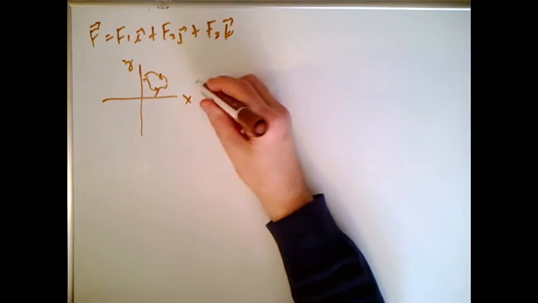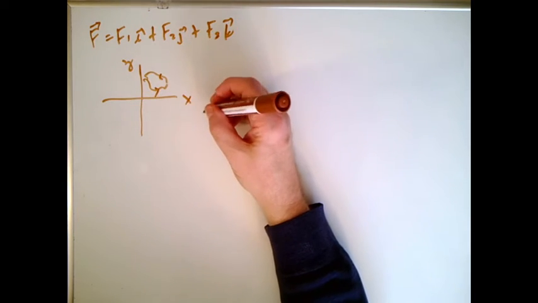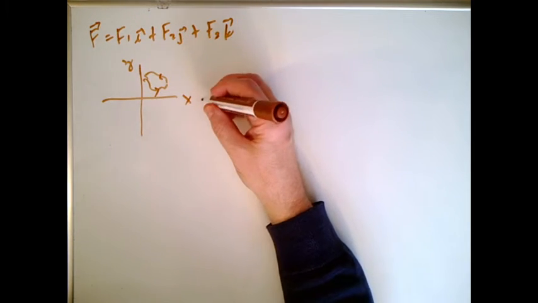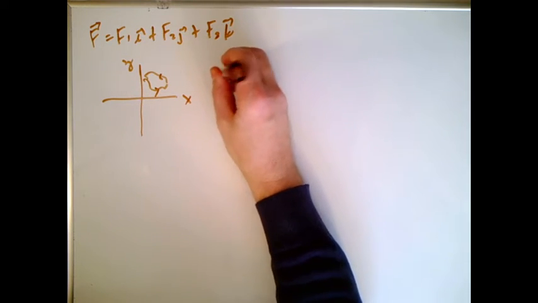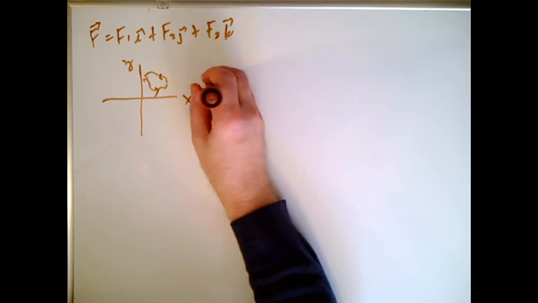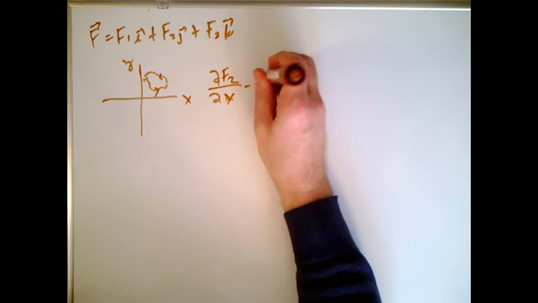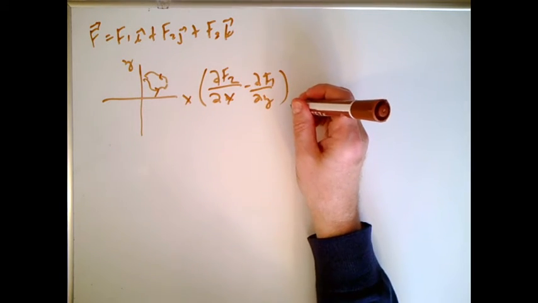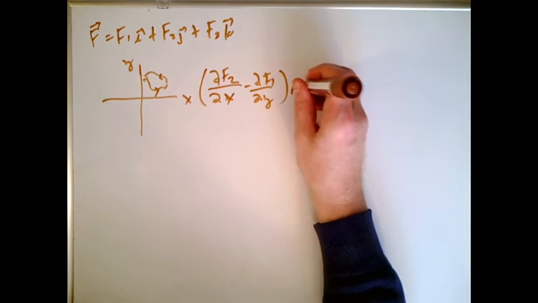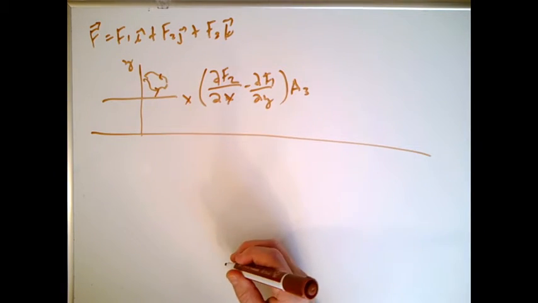All the work done is actually perpendicular to k, so as long as I stay in the xy plane, or actually just a plane that's parallel to the xy plane, what we're going to get is that the work done there is going to be exactly what we think it is. Partial f2 with respect to x minus partial f1 with respect to y times that area. I'm going to call that little area area 3 because it's actually perpendicular to k. That's what happens if we're in the xy plane.